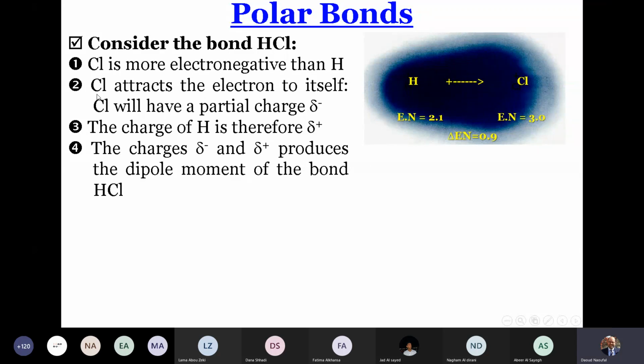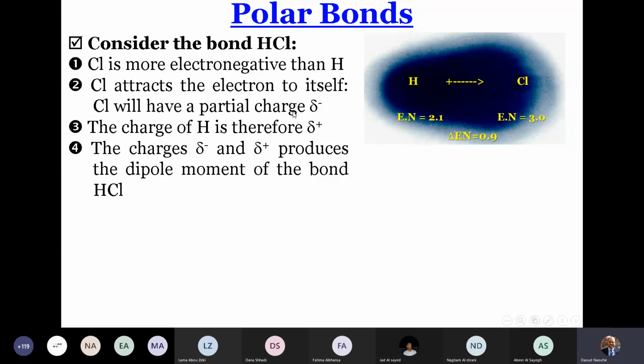Cl attracts the electrons to itself. So the Cl will have a greater density of electrons around it, so the Cl will have a partial charge delta minus. And when the electrons are close to Cl, the hydrogen that has 1 proton will therefore have a delta plus charge.